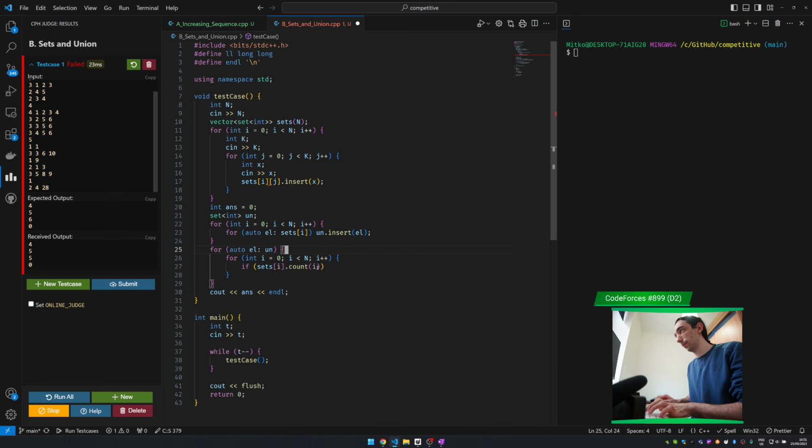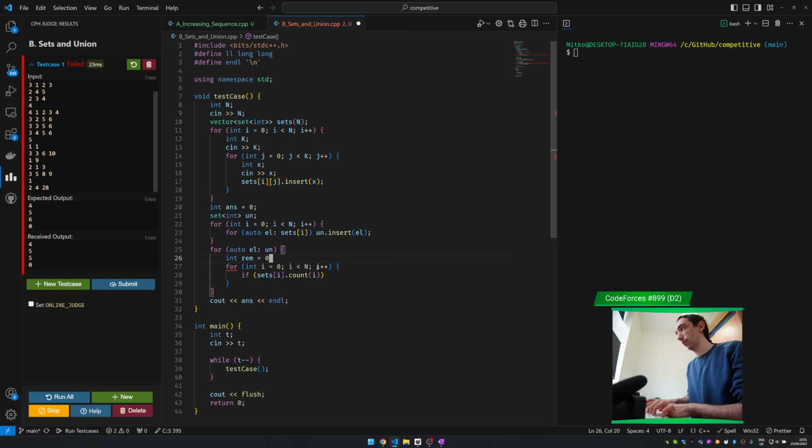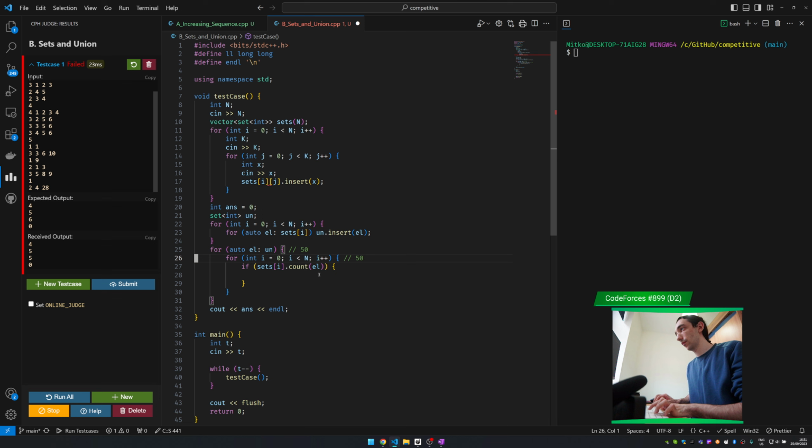Count. So there's at most 50 elements times 50 sets times log, which is nothing. So count element, we want to remove this set, right?